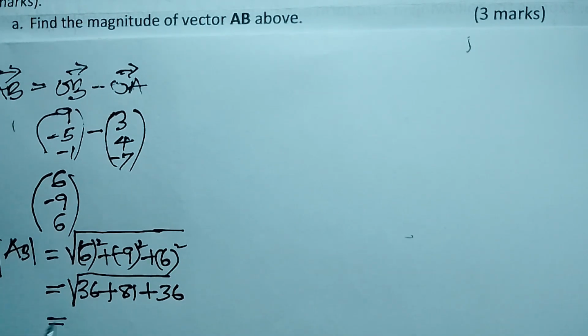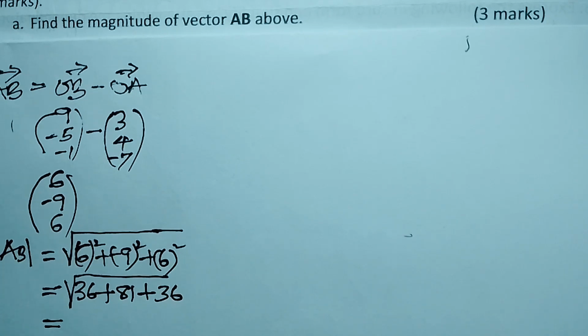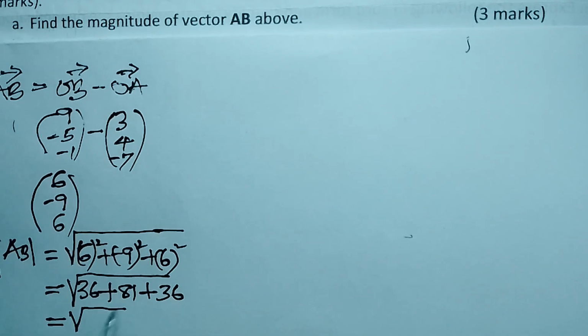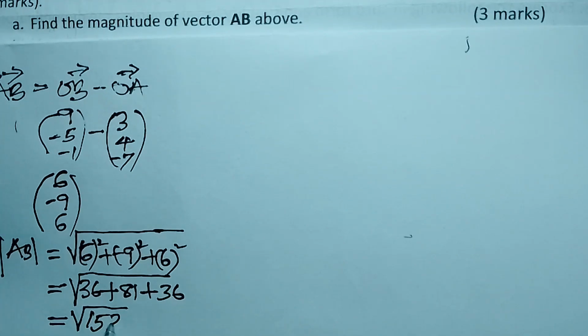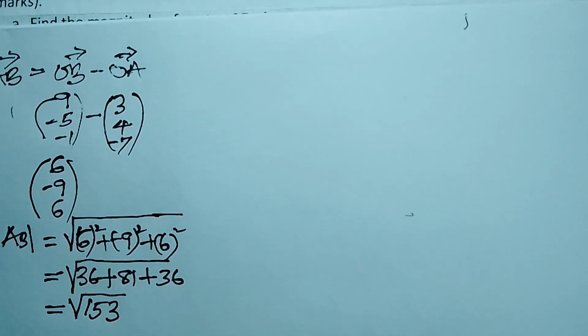When you add this on your calculator, 36 plus 81 plus 36, that gives you the square root of 153.